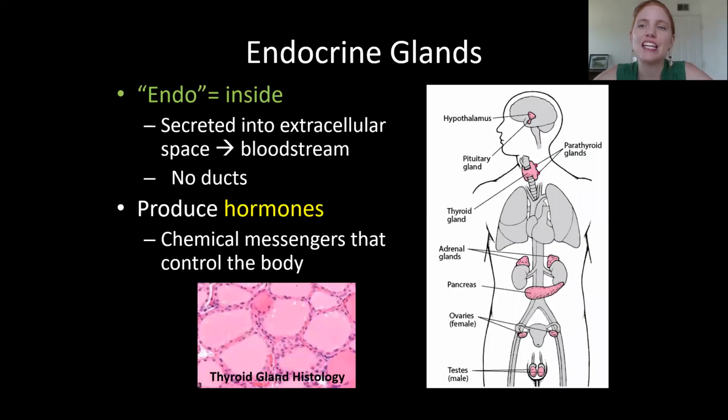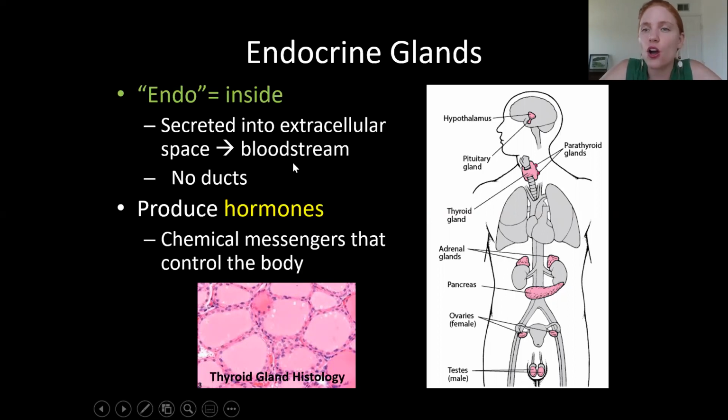Let's start with endocrine glands. So there's quite a lot of different endocrine glands, and endocrine glands secrete a very particular product, and that product is a hormone. And hormones are good for regulating the activities of other body systems. They're chemical messengers. They tell things what to do. And so what they do is they produce these hormones, and then those hormones are secreted into the bloodstream.